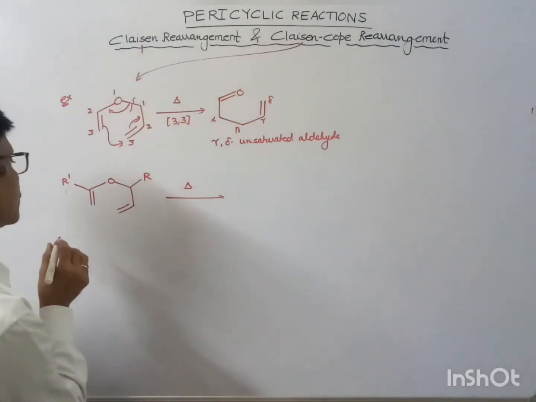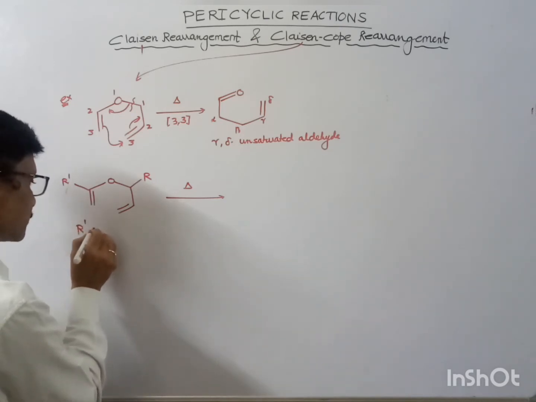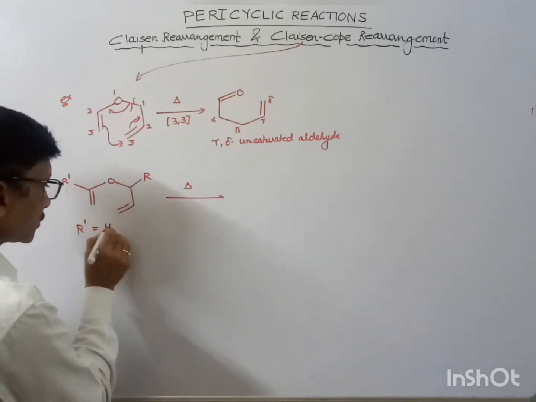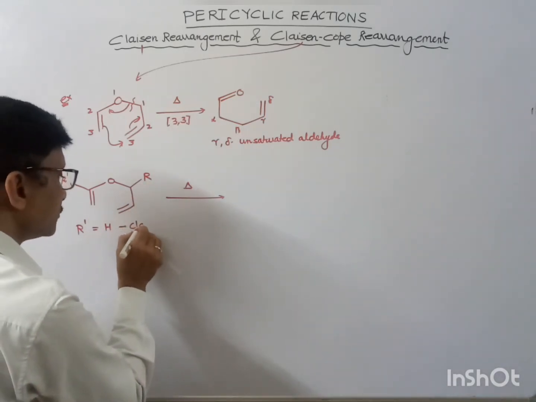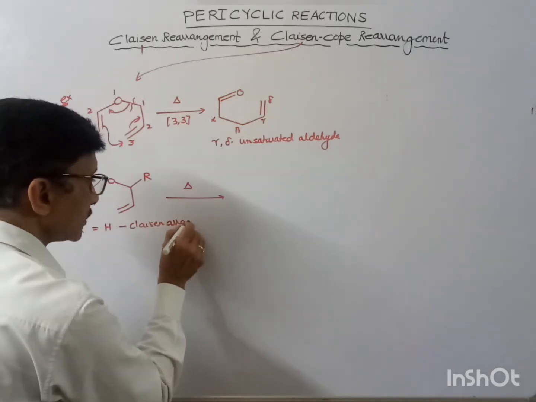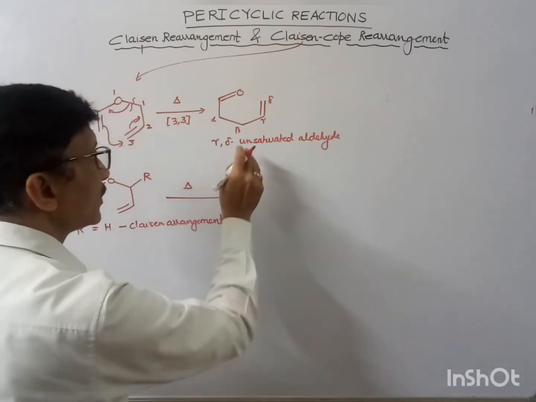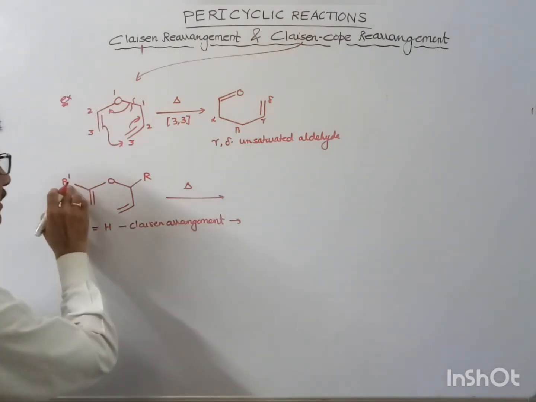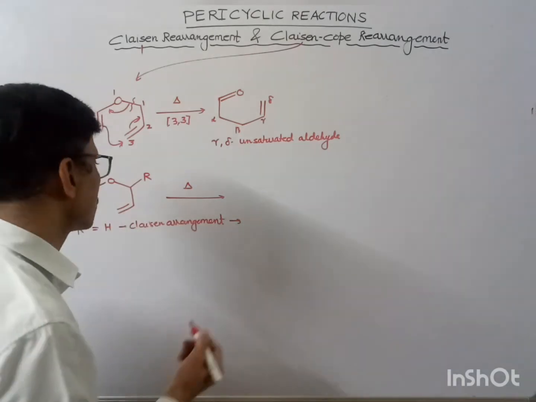And suppose here this R dash is H, then we simply say it is a Claisen rearrangement. All are actually Claisen rearrangement. So this is Claisen rearrangement, and the product formed when R dash is equal to H, and R is suppose also H.